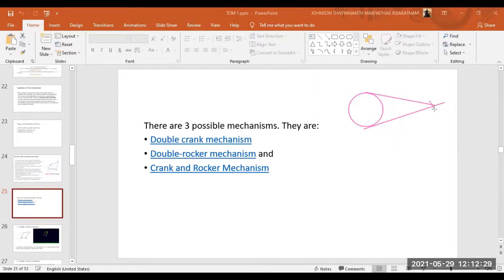I will take this as the reciprocating motion I am bringing. So this is the frame.